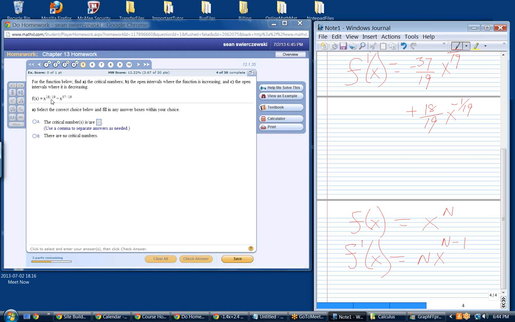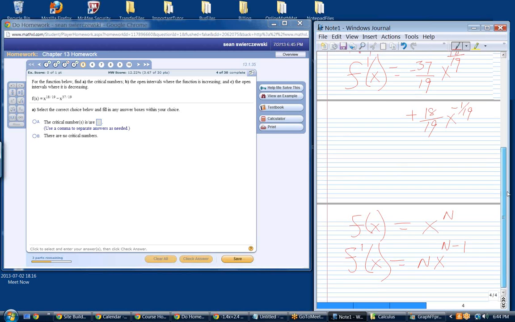It's not necessarily that they be in order of the highest exponent, but if you apply the same power rule to this, it's going to be 18/19 times x to this minus 1. And when you subtract 1 from that, you get minus 1/19. So that's what f prime of x is equal to.